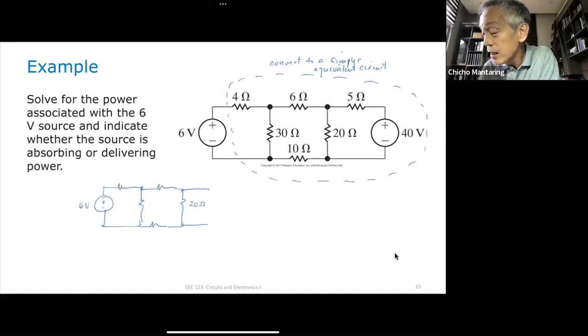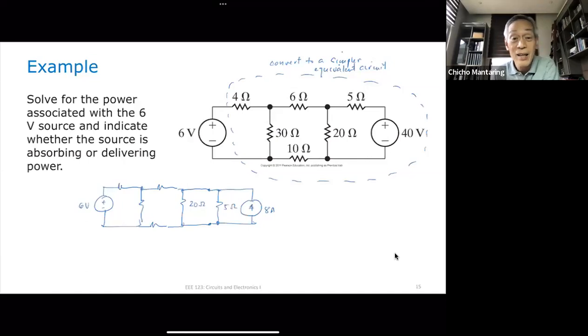And then, my conversion, I would have a 5 ohms here, and then I would have an 8 amperes here. Do you see that? If you see that, just give me a thumbs up. Okay. So that is my first conversion.